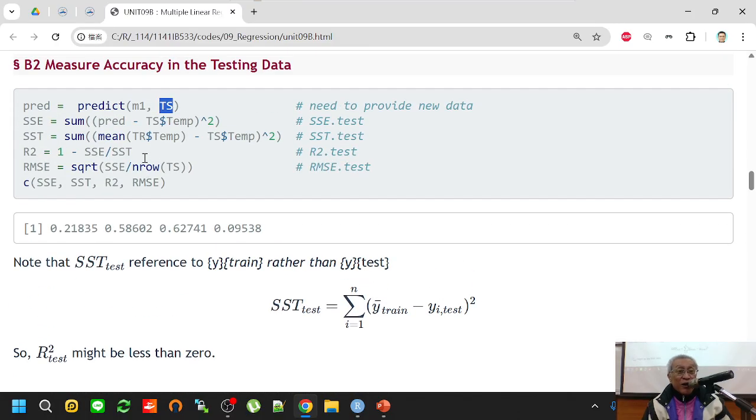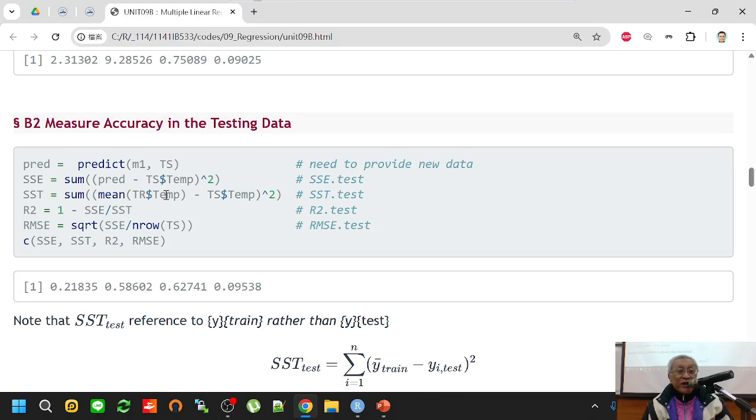But you need to be careful: when we are calculating the average of Y in the testing data set, we are still using the training data set as the mean. I do not have the time to explain why we do that, but be careful, because here it is TR instead of TS.